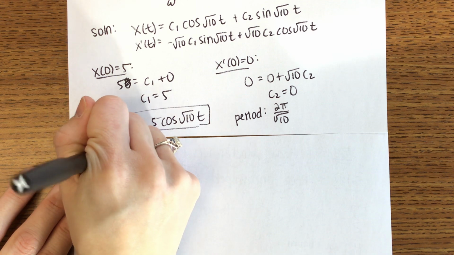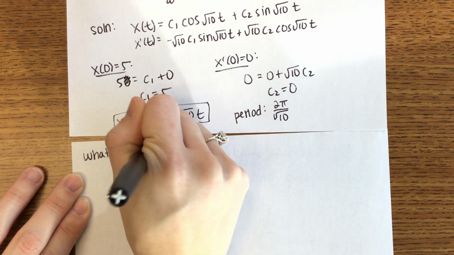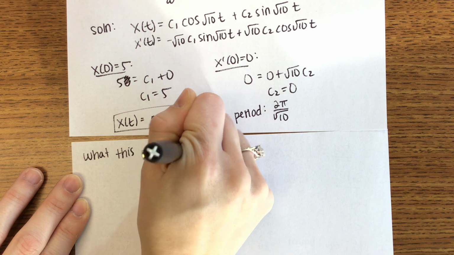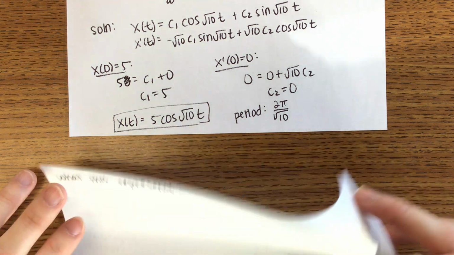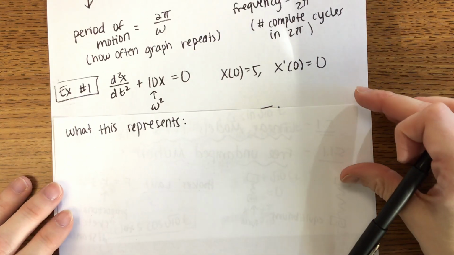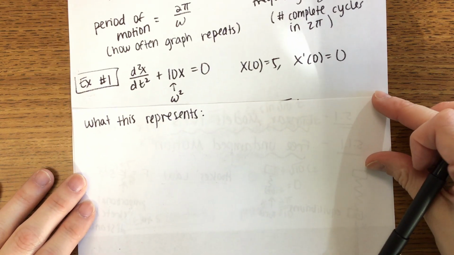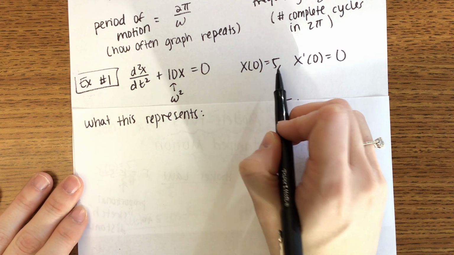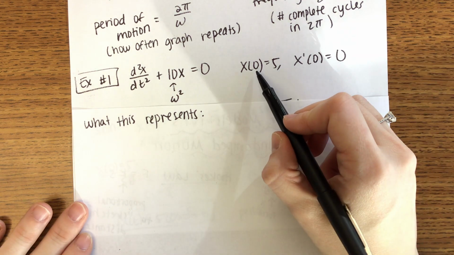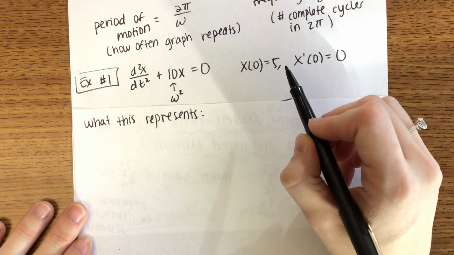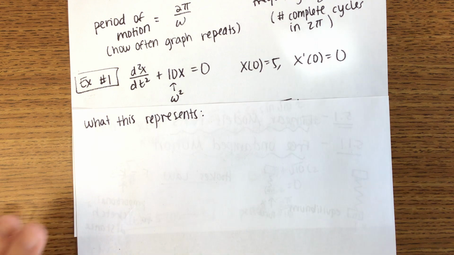Okay, I also want us to describe what this represents. What does this x of 0 equals 5 mean? At time 0, the mass is 5 units in what direction?